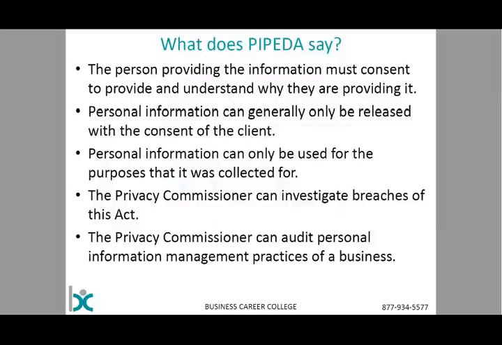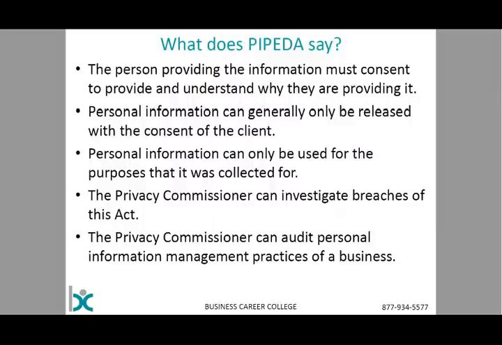A good example from our industry and business career college would be if someone signed up for a course to qualify for their life insurance license with us. The information that we receive for that can be used to manage their life insurance course progress.